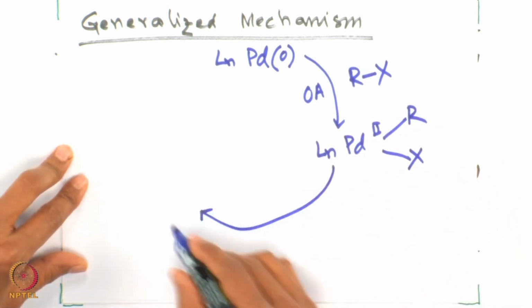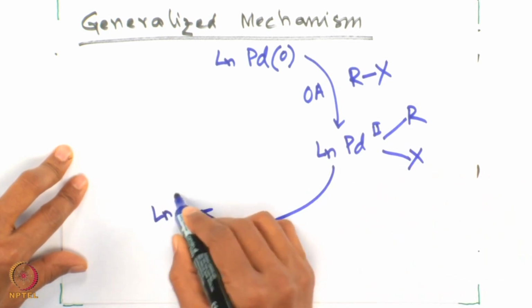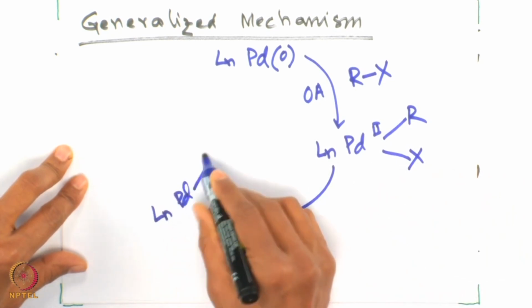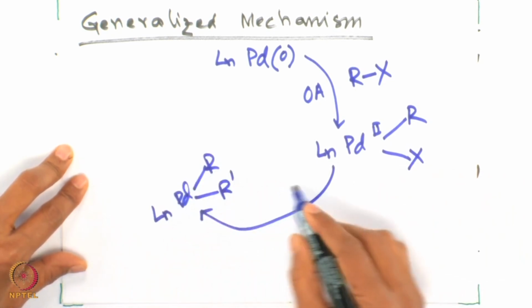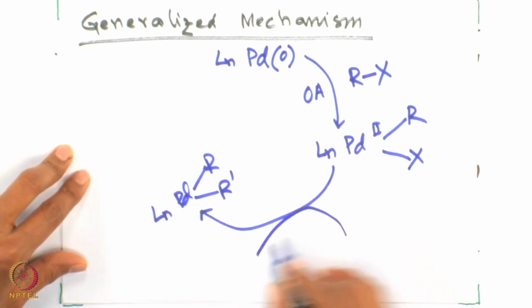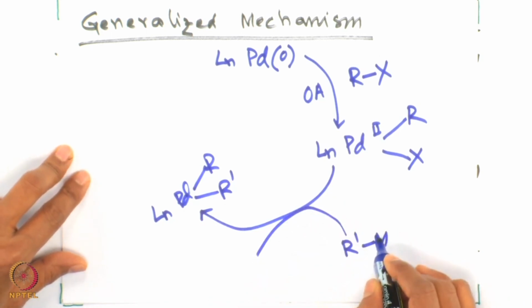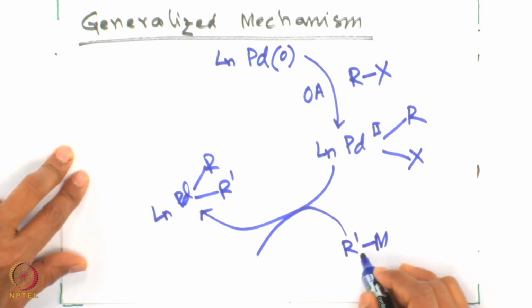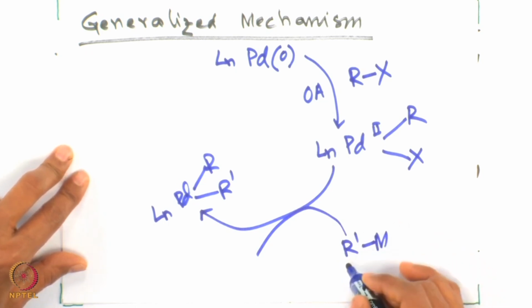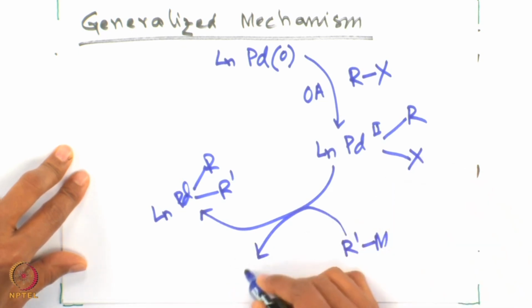From here we get LnPd(R)(R'), where R' comes from the transmetallating reagent, that is, organoboron, organolithium, magnesium, organotin, organozinc or organosilicon reagents. Here M and X gives you MX.